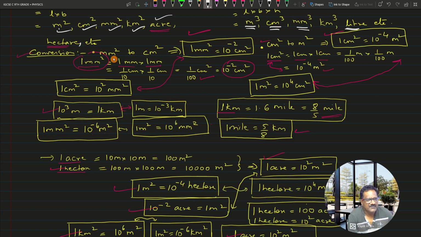Conversion. Now suppose you want to convert 1 millimeter square into, say, centimeter square. Concentrate here: millimeter square to centimeter square.